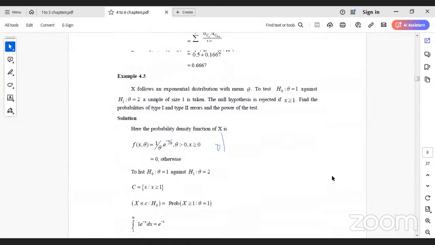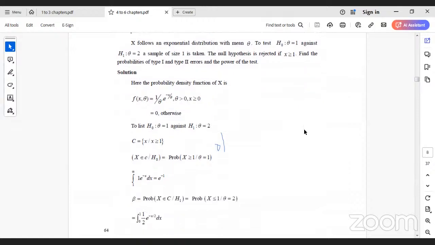Okay. F of x comma theta is 1 by theta e power of minus x by theta, the probability density function, for x greater than 0, and 0 otherwise, the condition we are taking here. So test H naught: theta is equal to 1 against theta is equal to 2, with C being x greater than 1.